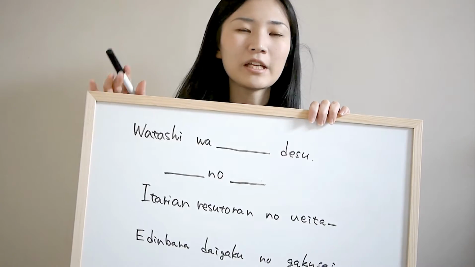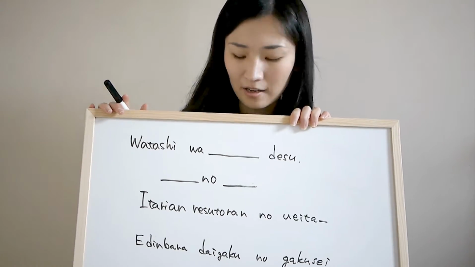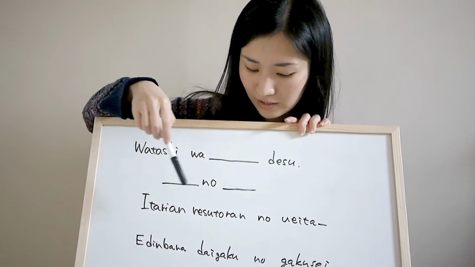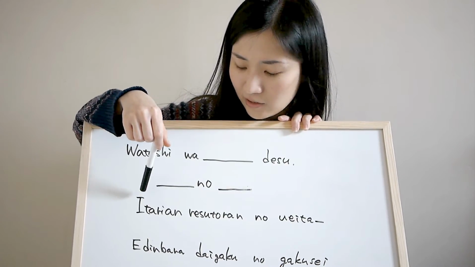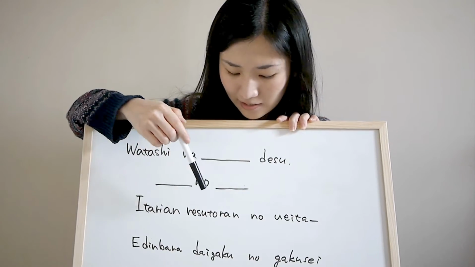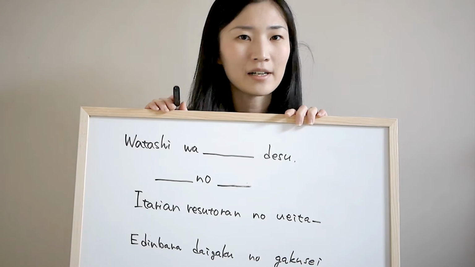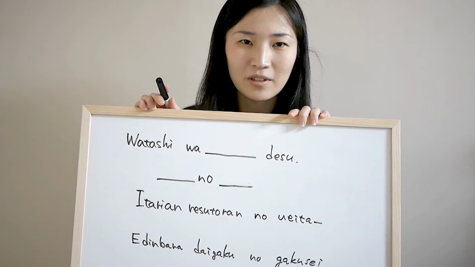Okay, so how can we say other occupations that we didn't cover in last lessons? For instance, a waiter is ueita, and this one. I will try to say, so guess what it means. Italian restaurant no waiter means Italian waiter of Italian restaurant.